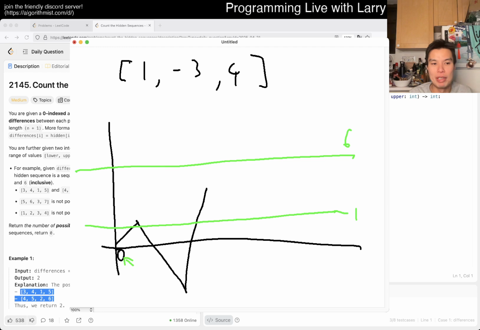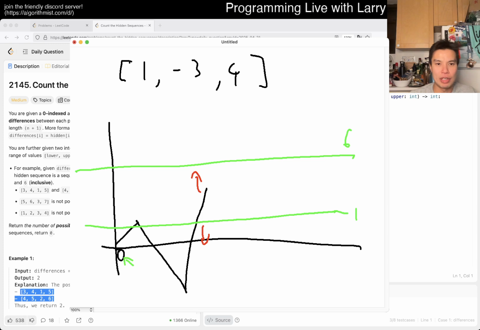But for this problem, you are supposed to take this black line and shift it up or down so that every number fits into this range, right? I didn't draw this quite to scale, but you get the idea. So now we'll draw it up and down.